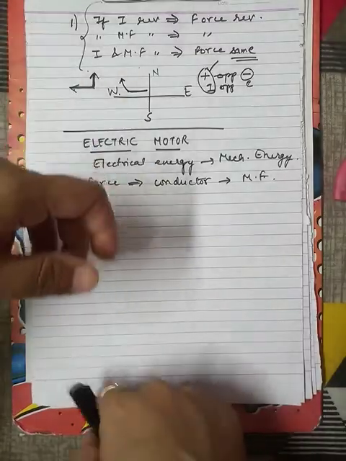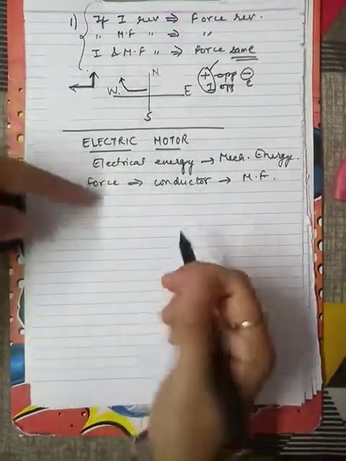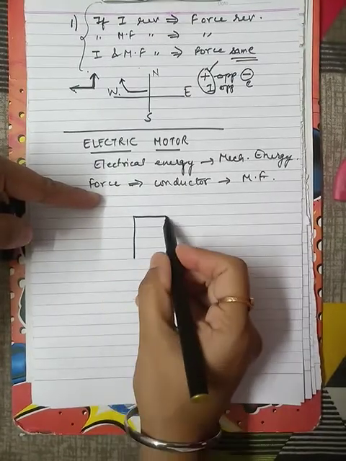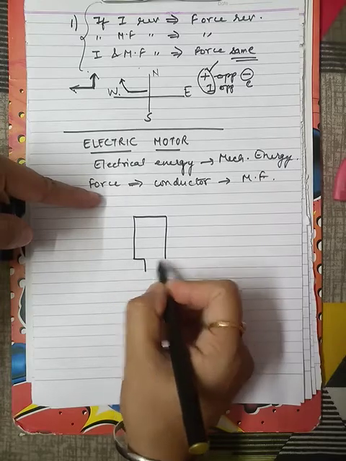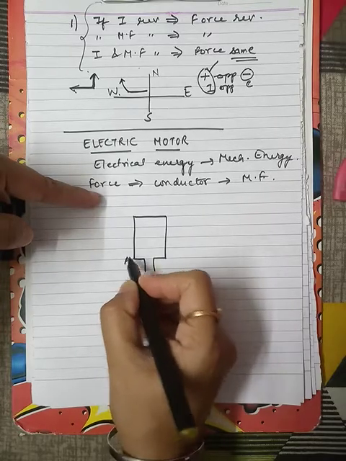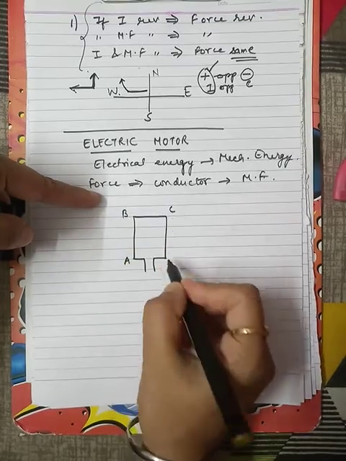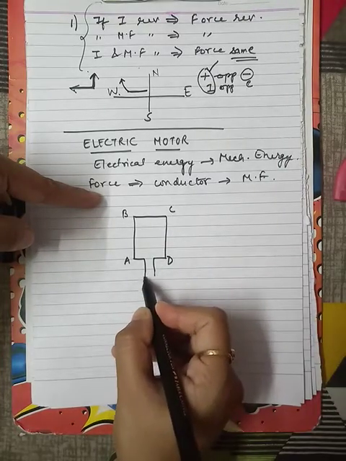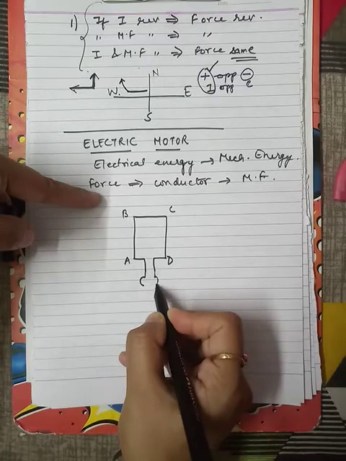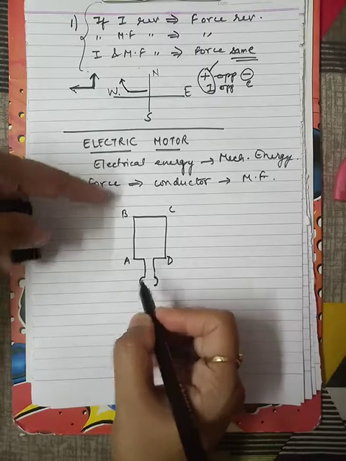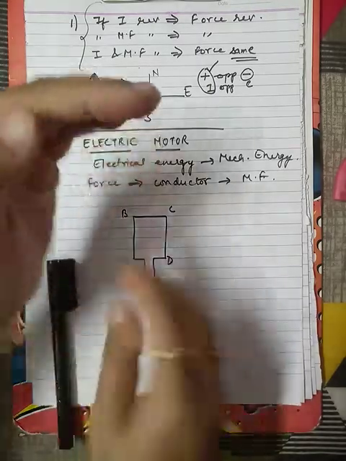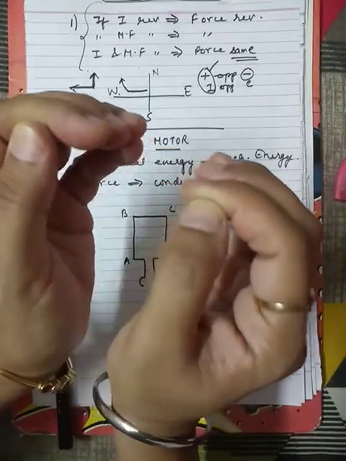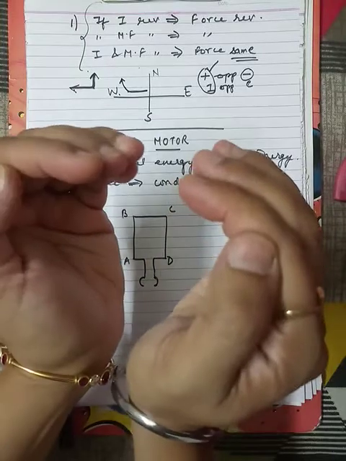So over here we can see the diagram in an easier manner. We should have a rectangular coil. First of all, I'll make a rectangular coil A, B, C, D, which is attached with the split ring. Split rings are one complete ring split into two parts like this. If this is a complete ring, then split it into two parts, so it is like this type of structure.